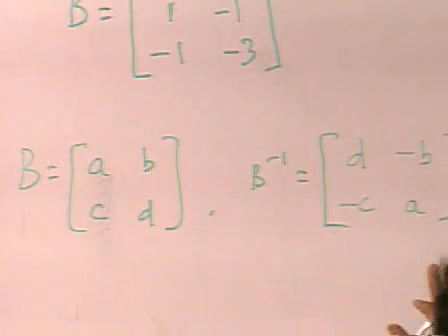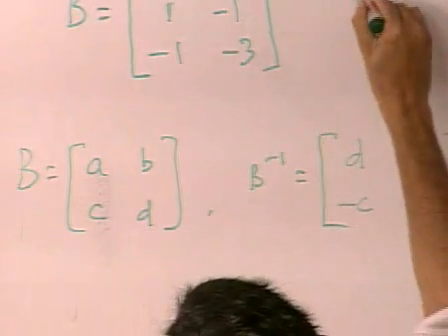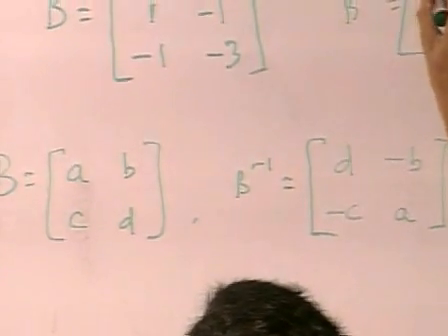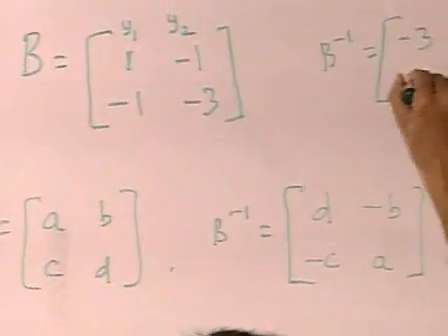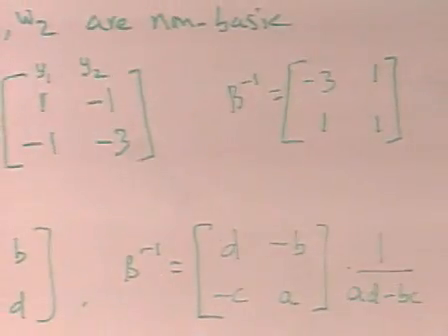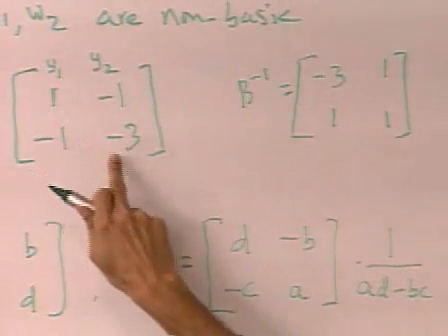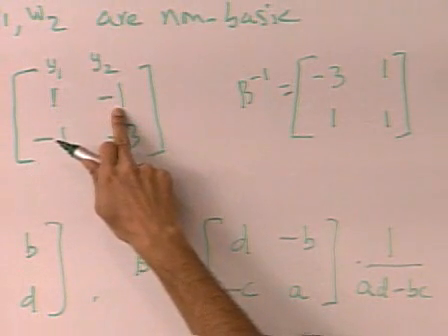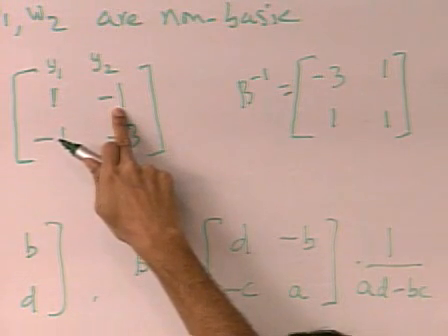Okay. So let's apply the same principle. So B inverse is going to be, times, so the determinant is -3 minus 1. So it's -4. Okay?